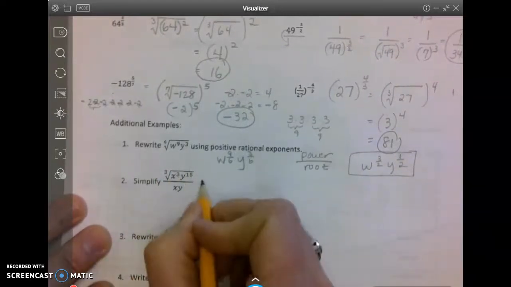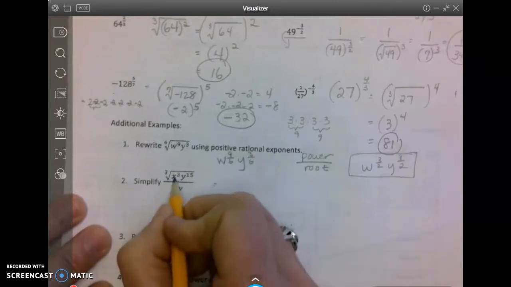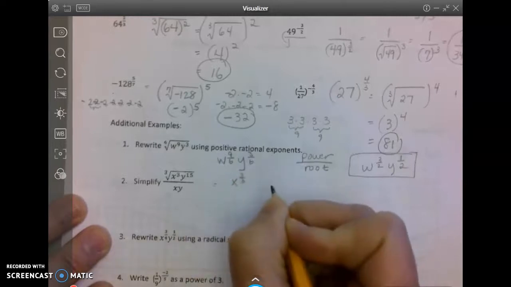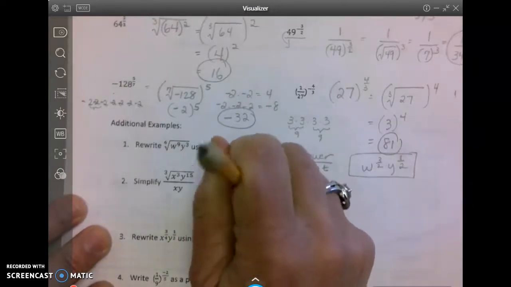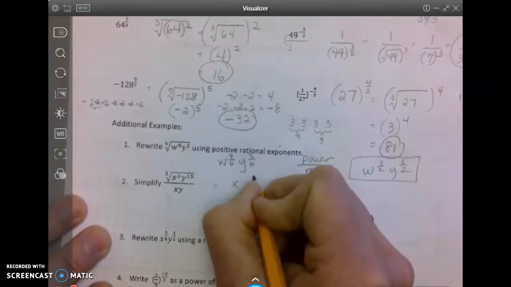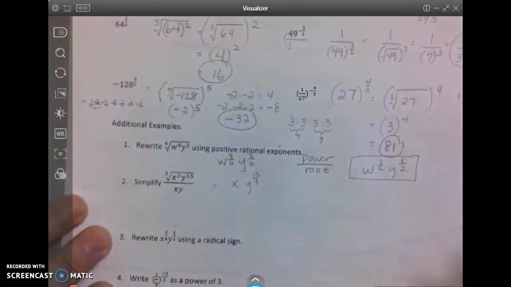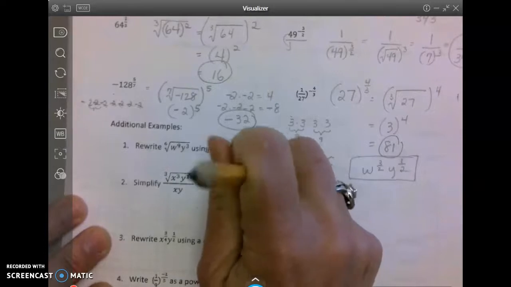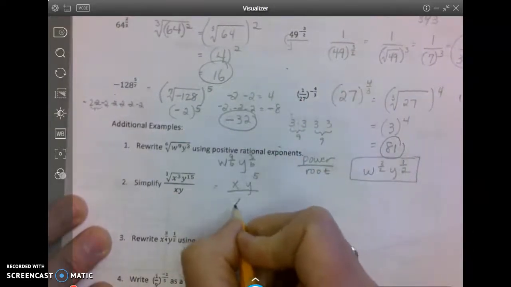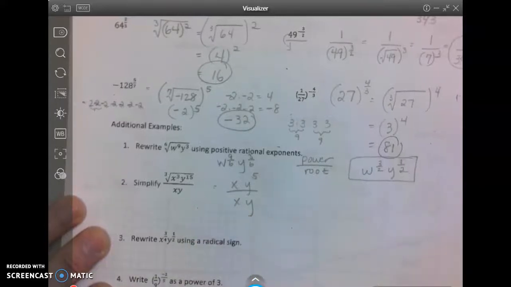Let's go to this next one. Let's simplify this. So power over root, I get x to the 3/3, which I know is just x. And I get y to the 15/3, which I know is just 5. All over x, y.